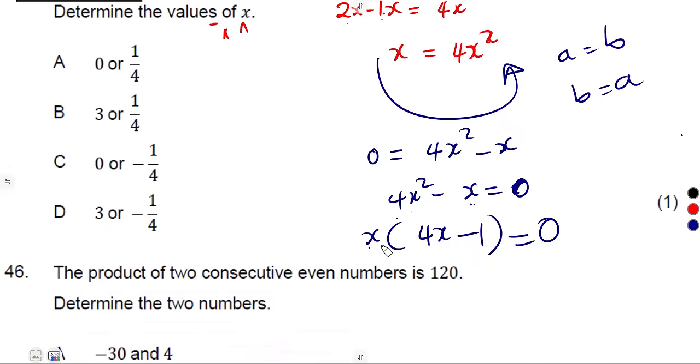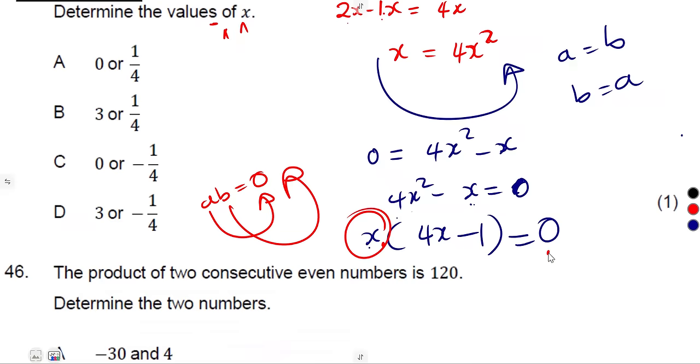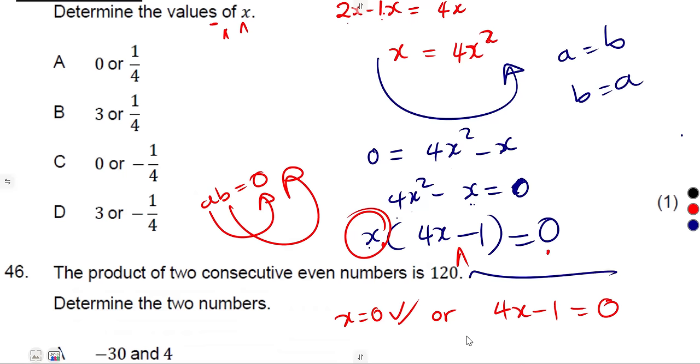From the zero concept, a product must give us 0. A times b equal to 0, it's either a is equal to 0 or b is equal to 0. So it's either x is equal to 0 or the bracket of 4x minus 1 is equal to 0. That's it. So here there is a solution. What about here?